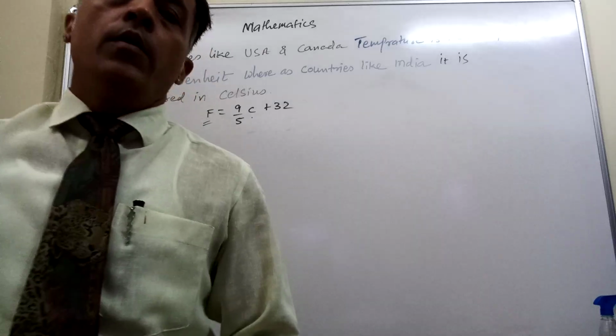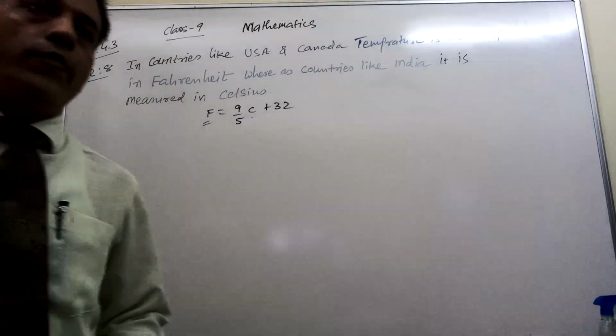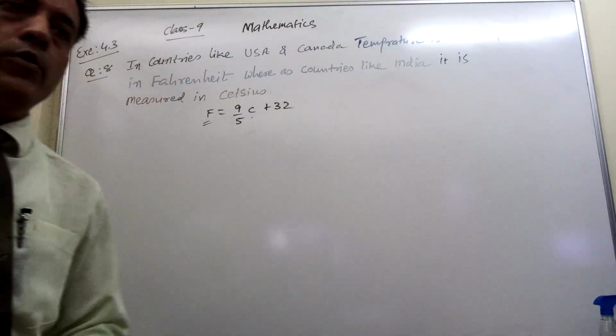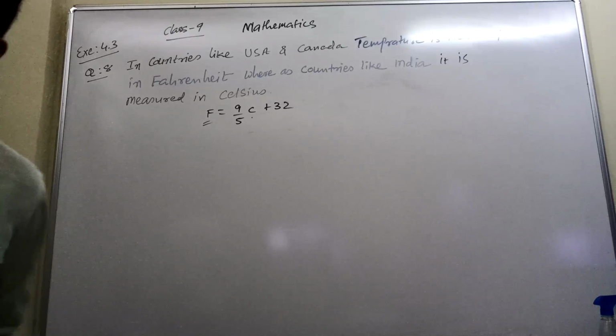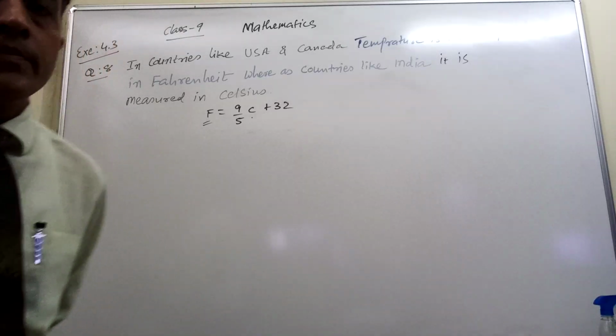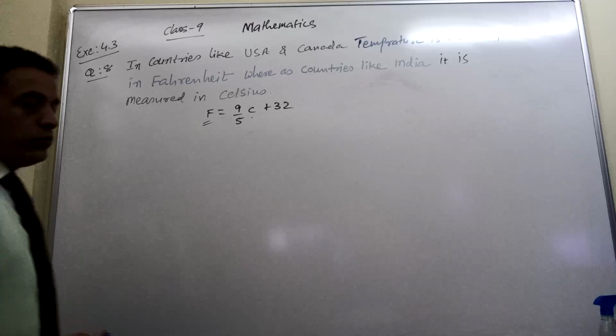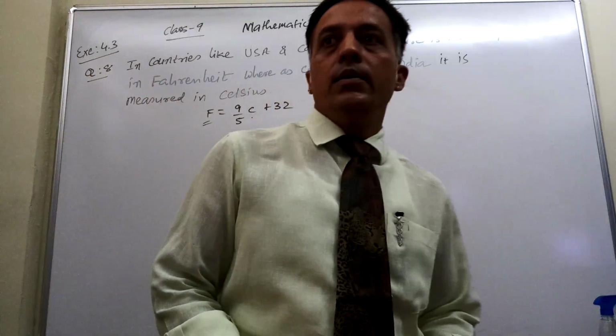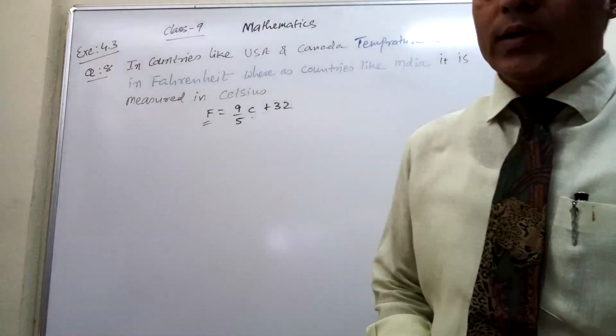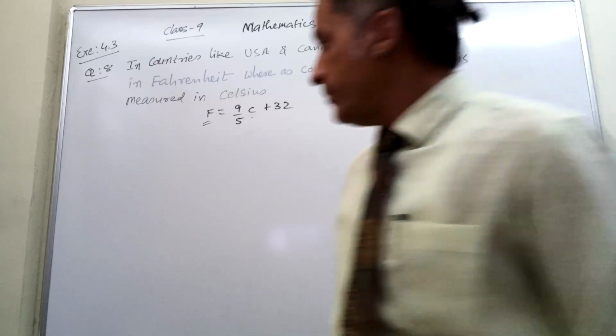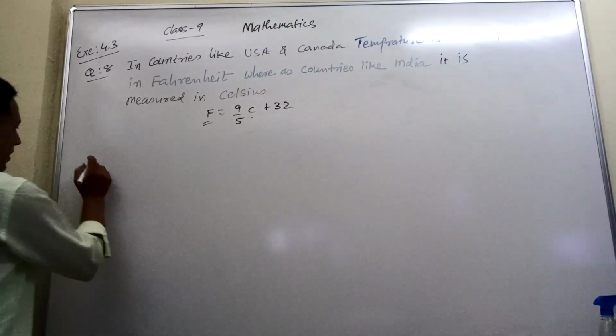So, if I get the particular value for Fahrenheit, the same value would be for the Celsius. That is the simple interpretation. And to find this numeric value for Celsius and Fahrenheit, what will we take?